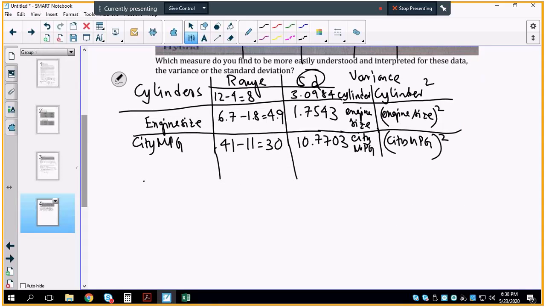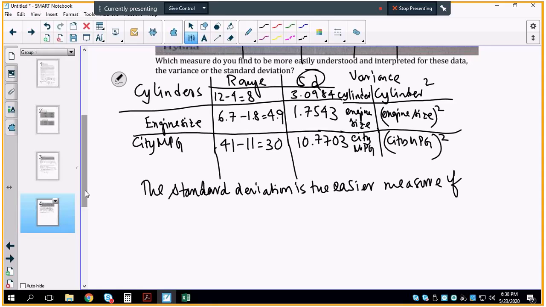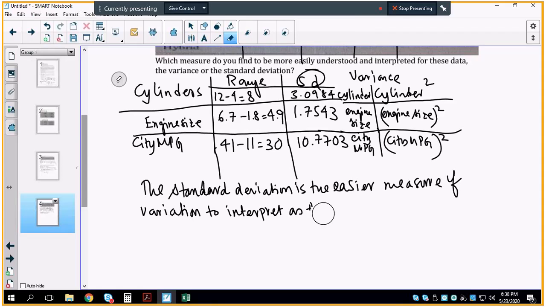We'll say that the standard deviation is the easier measure of variation to interpret as the units are easier to follow.